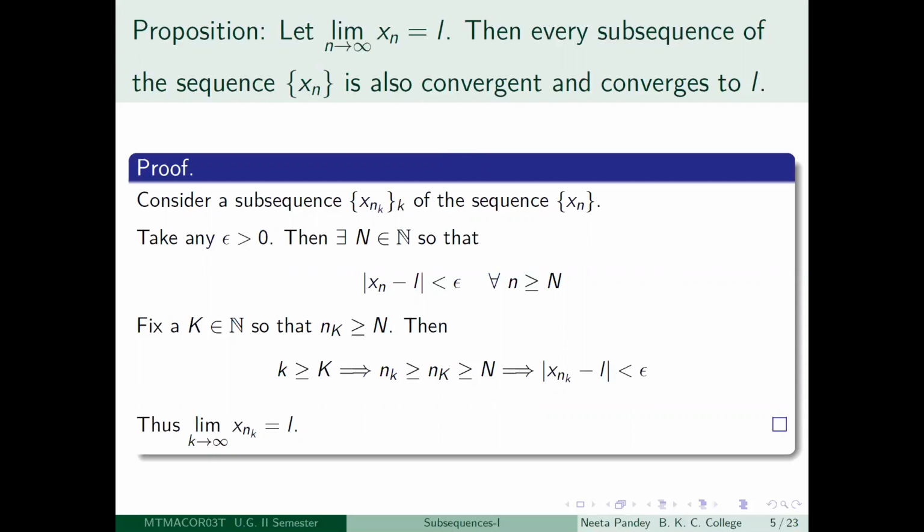Then what we want to say is that if you have a convergent sequence, then whatever subsequence of the original sequence you take, it will also be convergent, and it will converge to the same limit L. Okay, so this is almost expected if you can imagine how convergence looks, right? Because if you have the limit as n tends to infinity of x_n equal to L, it means that if you take any epsilon neighborhood of L, then after a certain term, every term of the original sequence will lie in that epsilon neighborhood.